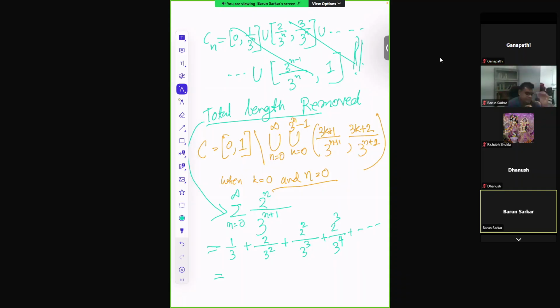You see, this is a geometric series, and I can write the formula for this: first term one third, and the common ratio is 2 by 3, so it is 1/3 over 1 minus r, and this is 1.